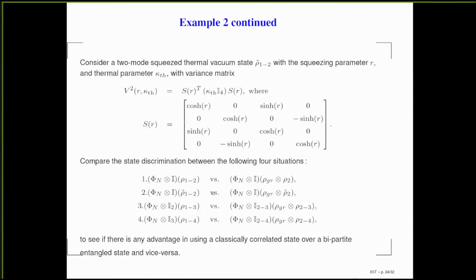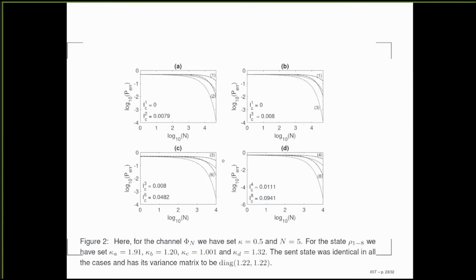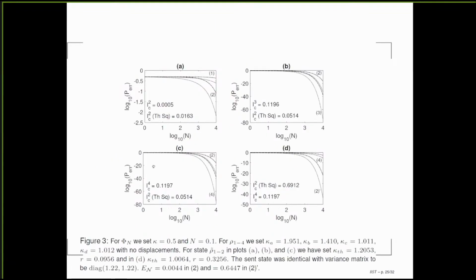The situation 4 is this rho 1, 4 of whatever was shown in the previous slide, compared with this 2 mode squeeze state. So this 4 is able to outperform this 2 mode squeeze state, whose entanglement is some non-zero entanglement.